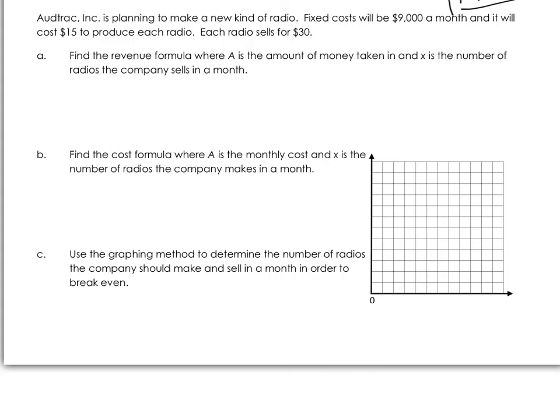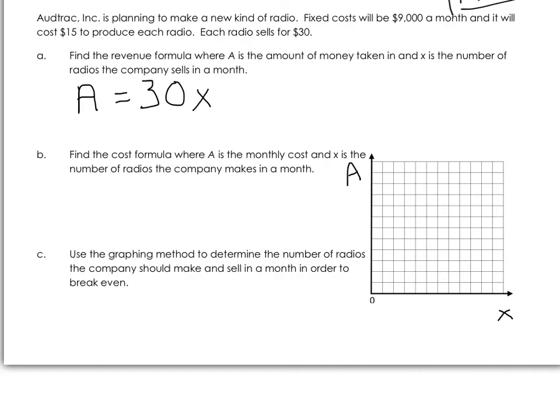So we're going to sell the radios for $30 for each radio that we sell. So our horizontal axis will be X, our vertical axis will be A.